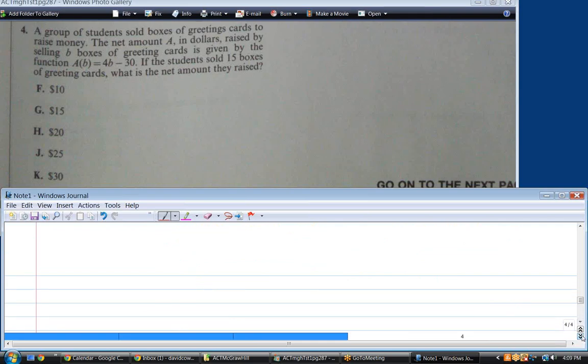Any problem that has 5 sentences in it looks hard. But it's not hard. It's very easy. They put all that sentence in there just to make it look hard.